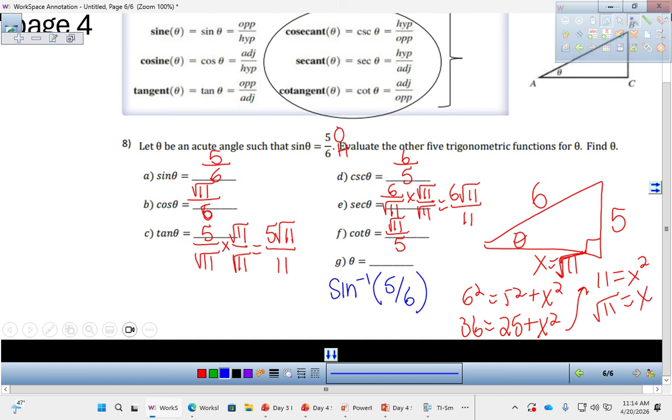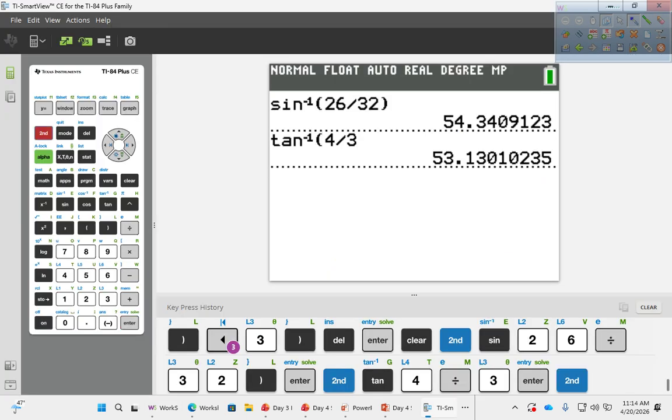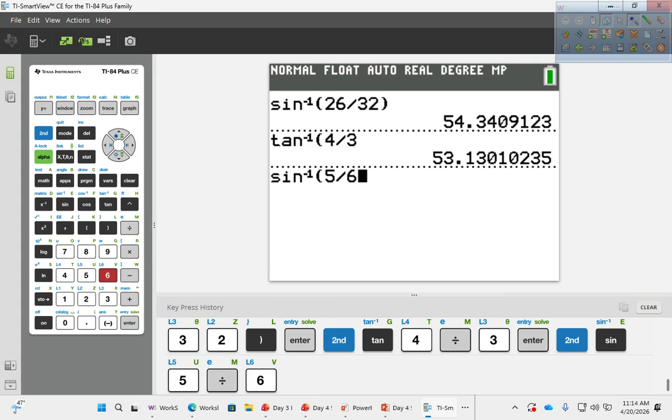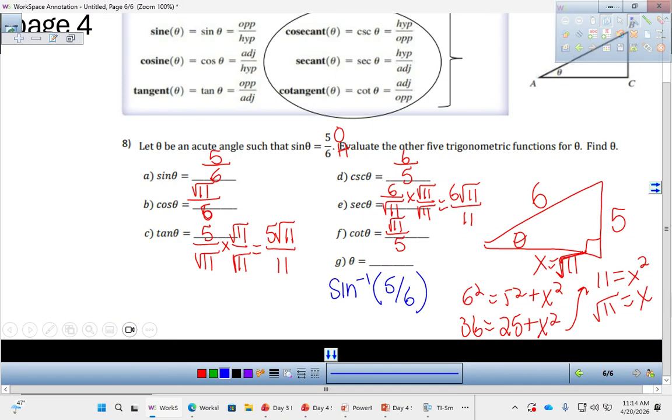So I'm going to go with the simplest form of the existing three. 5/6 looks the easiest. So I'll do the sine inverse of 5/6, and I'll take that decimal, so 56.44.